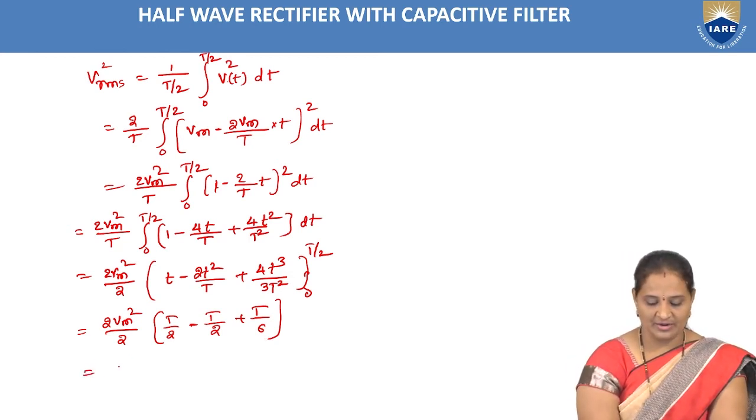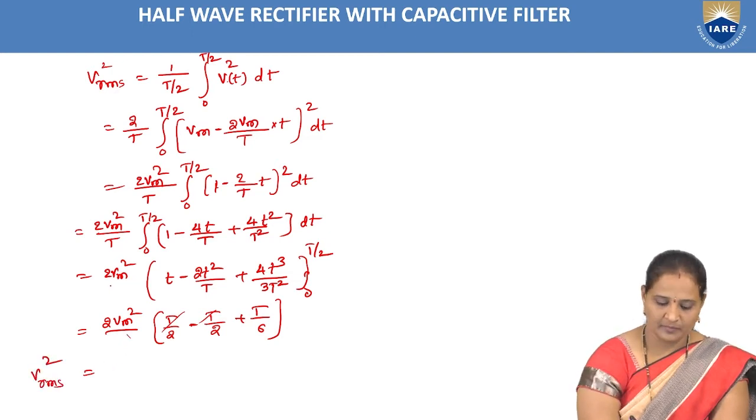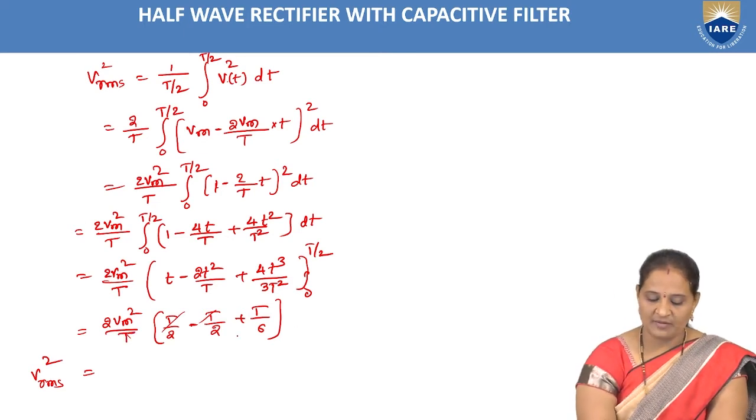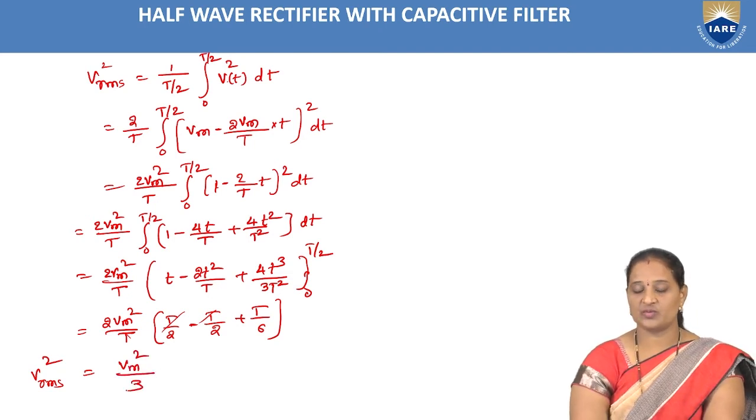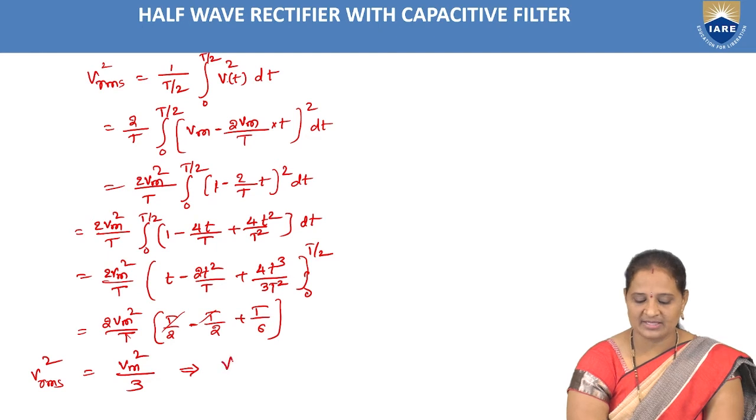Now I can write this one gets cancelled. So Vrms square value becomes 2 Vm square by T, Vm square by T. The remaining thing we have here is Vm square by 3. So this implies that Vrms value is equal to Vm by root 3.